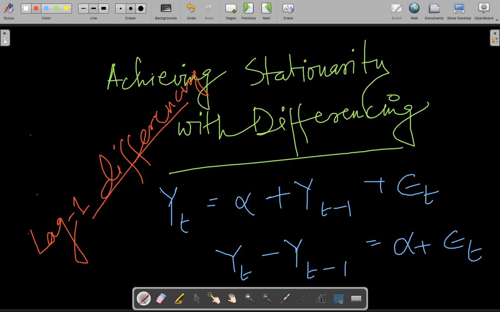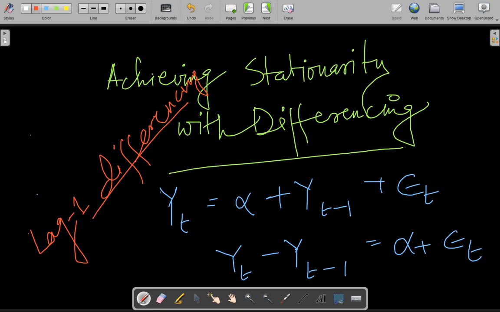The moment I subtract the t minus 1th time value, I make my series free of the dependencies on previous period values. That is why we take these differences.